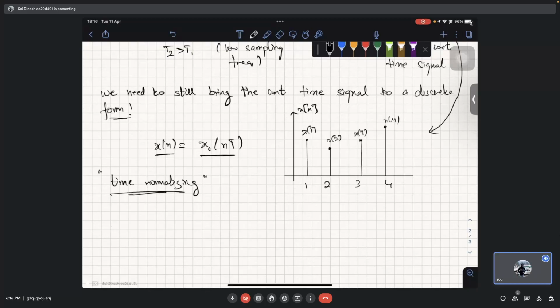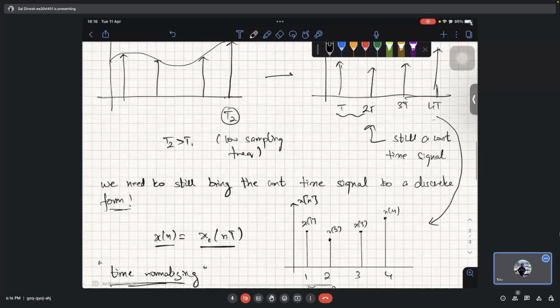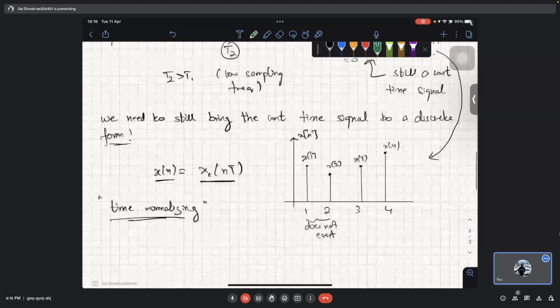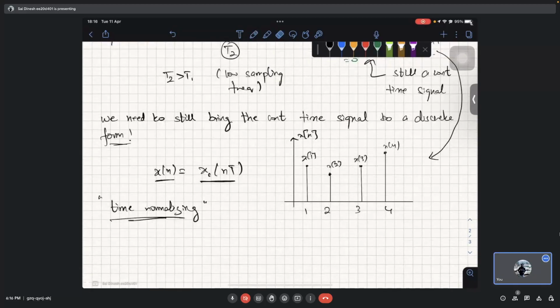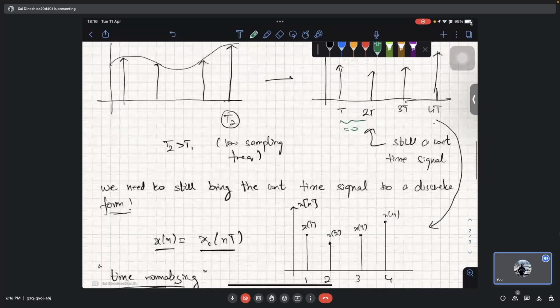And also, as we have discussed throughout the course, where the sample does not exist, the value is equal to 0, right?